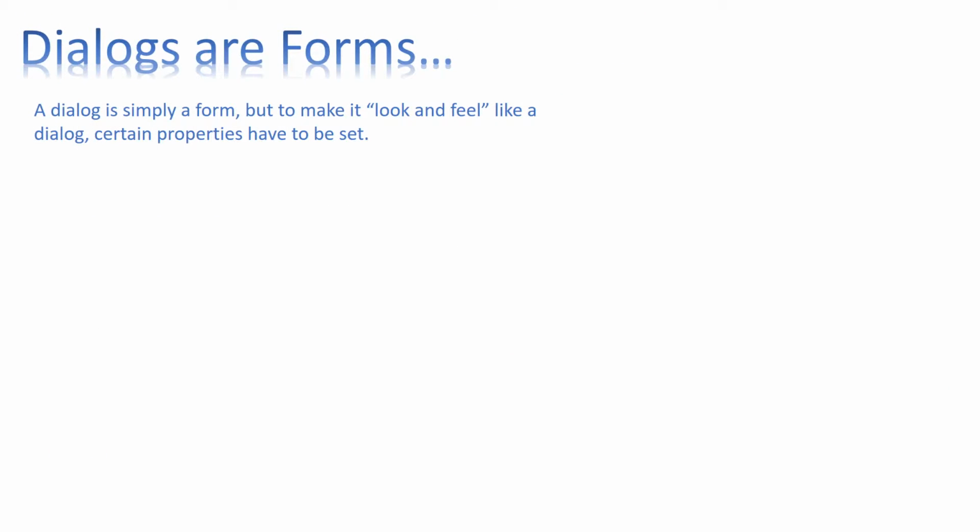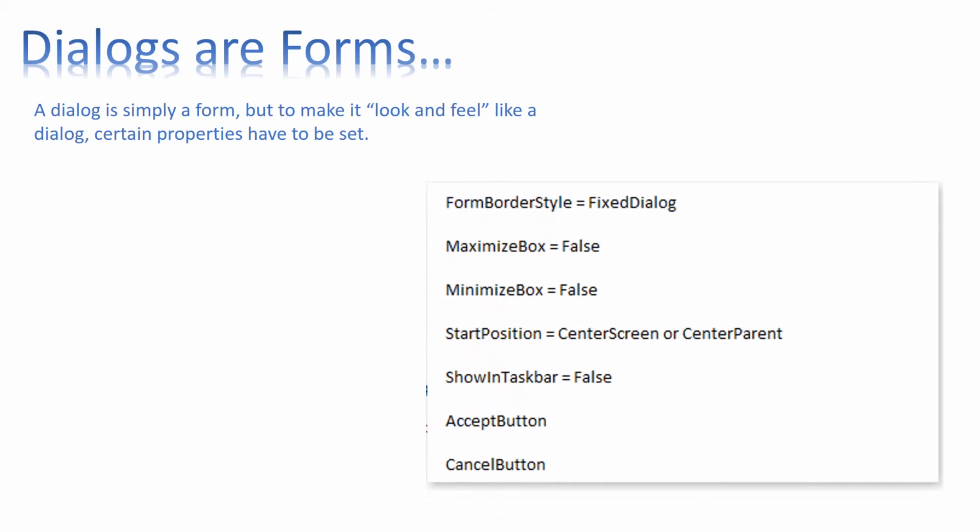Dialogs are forms, but there are certain properties that you can set to make it look and feel consistent with other dialogs from other applications across the Windows operating system. There are 7 properties in total that you can set.